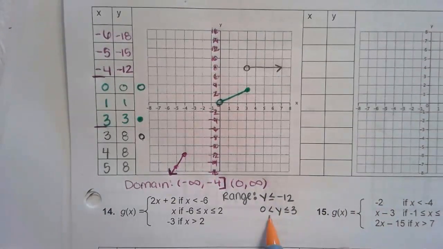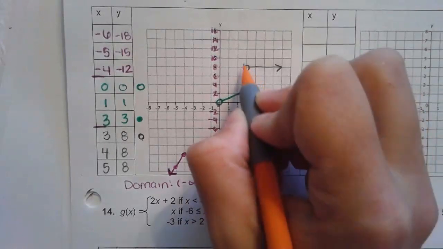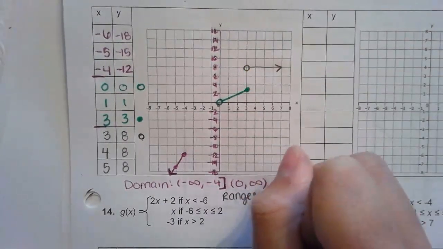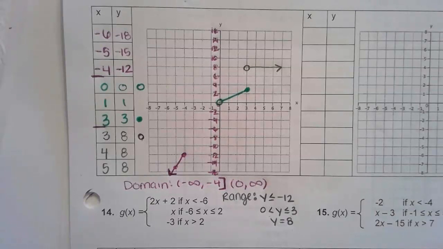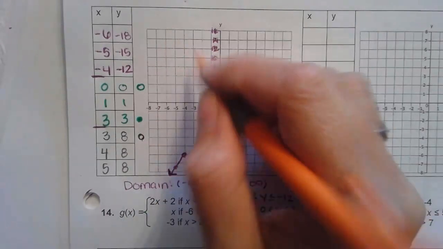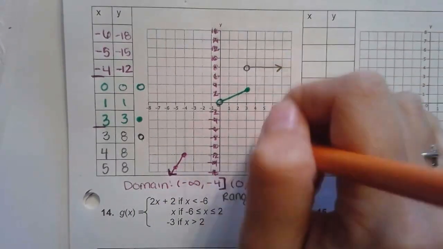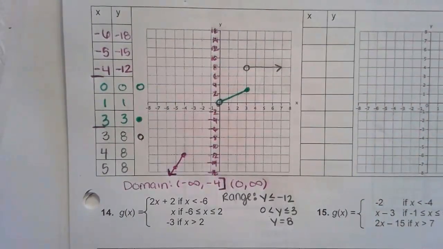Includes 3 but not 0. And then it picks back up again at 8. So my range can have as many breaking points as my graph. And this is a function because it would pass the vertical line test. So this is a function.